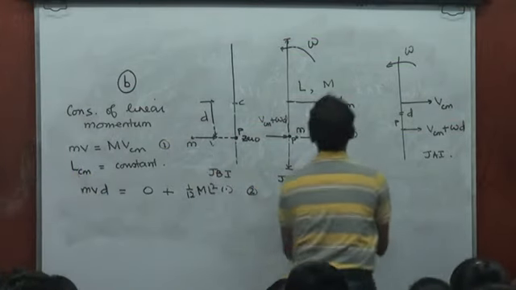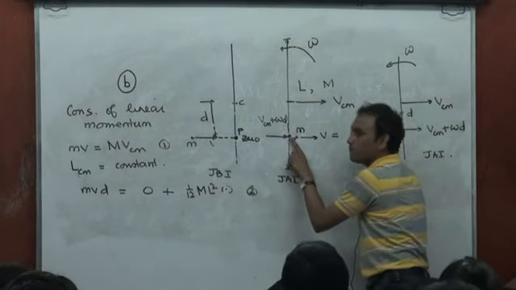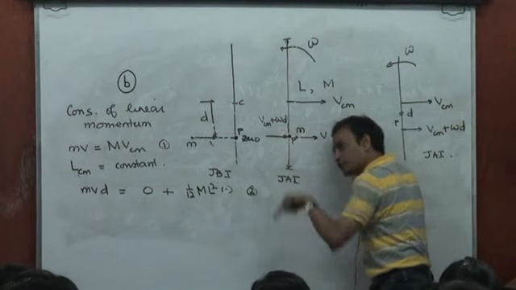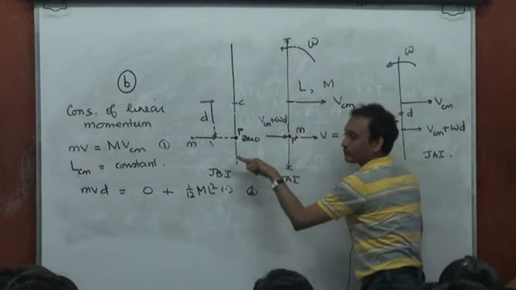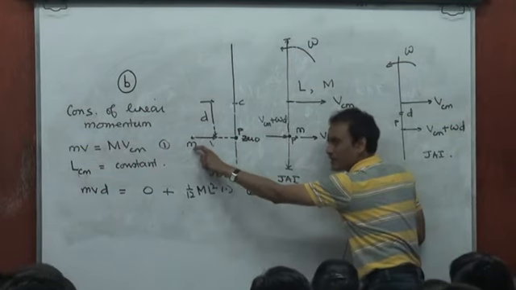Relative velocity of separation means, let's say in the numerator I take the particle m minus the point P. Then in the denominator, for approach, I take the point P minus the particle m.